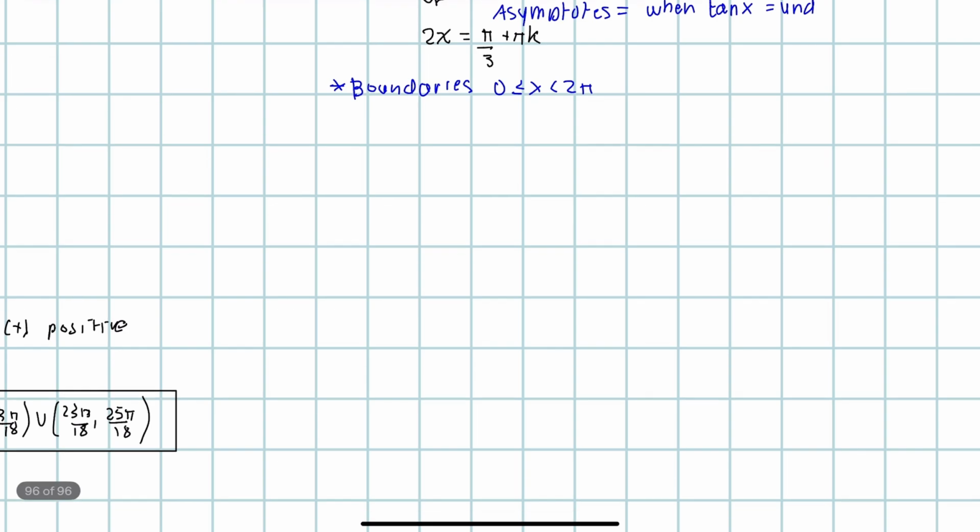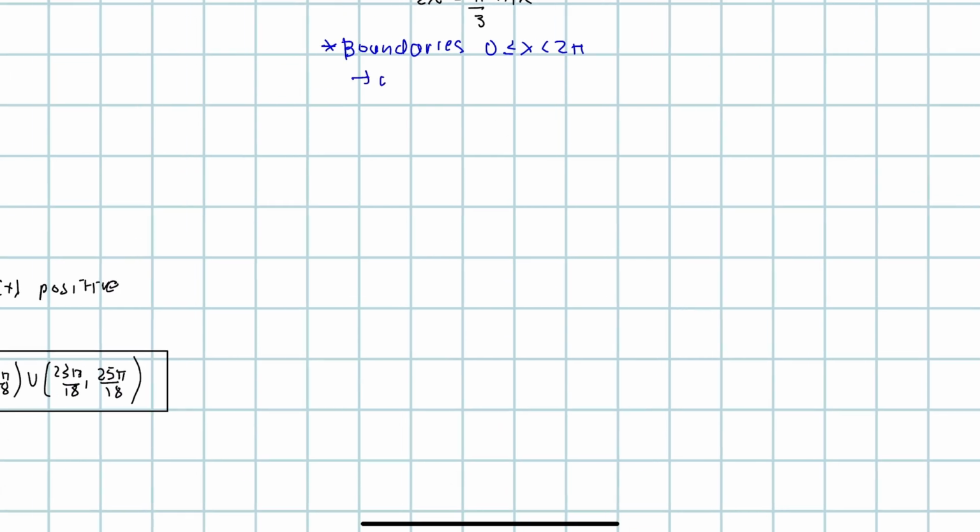So converting, that means you have to convert to x. We solve in terms of x. We are not solving in terms of 2x. So always remember that when you have to manipulate your input back, you have to do division or whatever they want you to do.